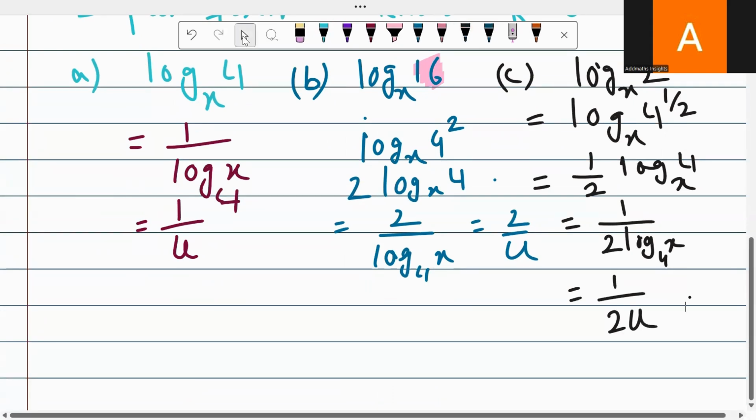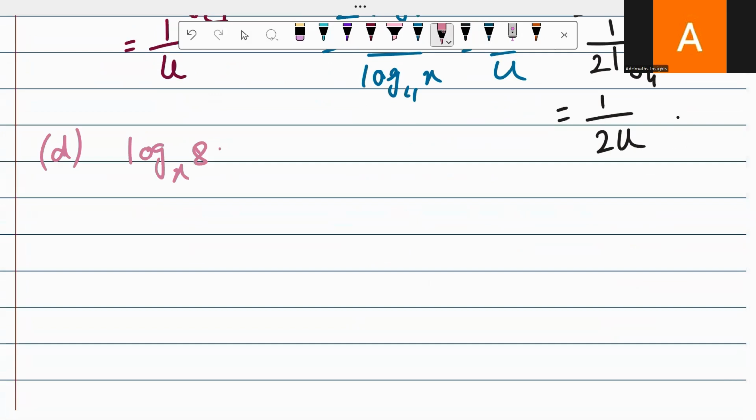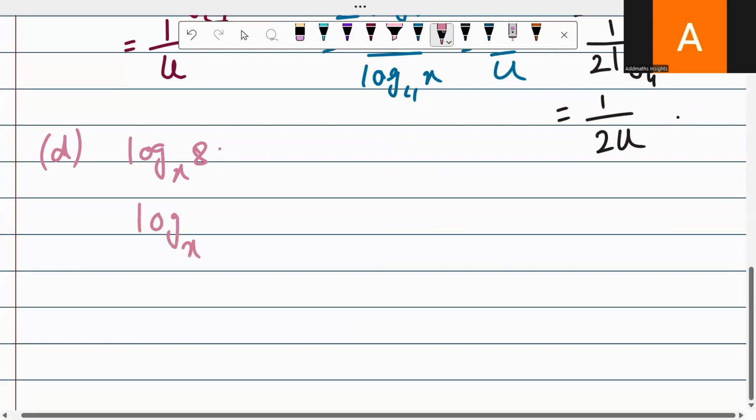One more question. Part B we have log base x of 8, and it is given that log base 4 of x is u. You cannot express 8 directly as a power of 4, but you can express 8 as a power of 2, so you can write log base x of 2 cubed.